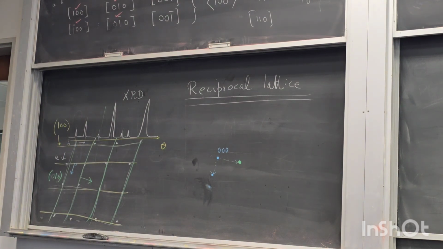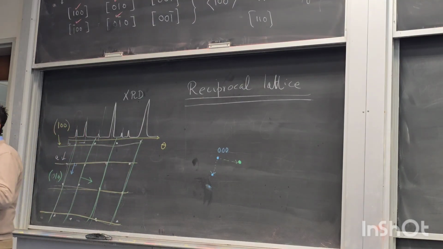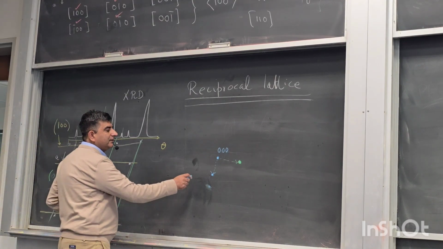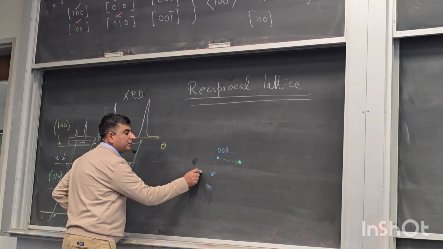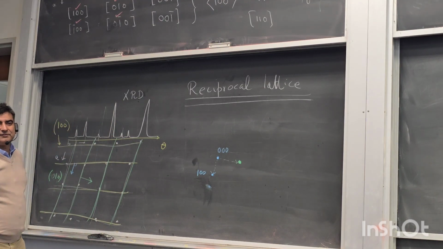Okay. So now this point that I've drawn over here comes from the 100 family of planes. So I call this point index 1, 0, 0 in the reciprocal space.